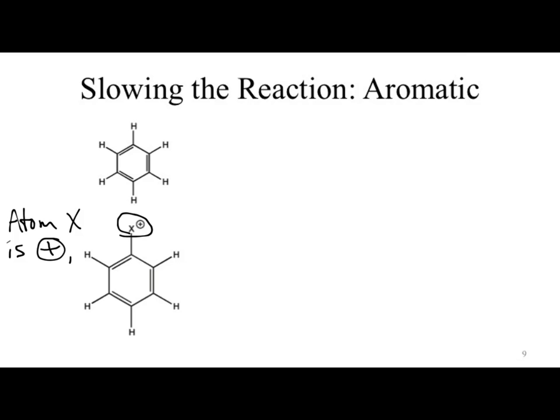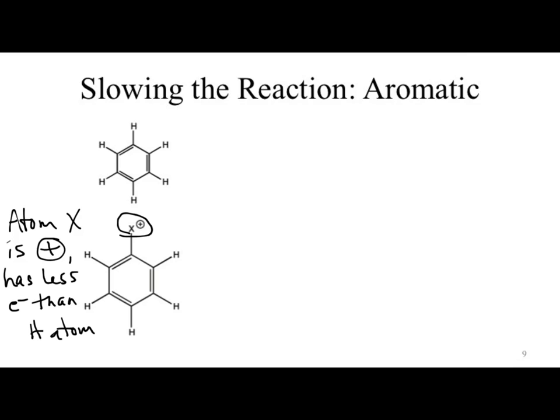Go more generically, comparing it back to the hydrogen atom. If atom X has less electrons than a hydrogen atom. How do you get less electrons than a hydrogen atom? Has to be positively charged.